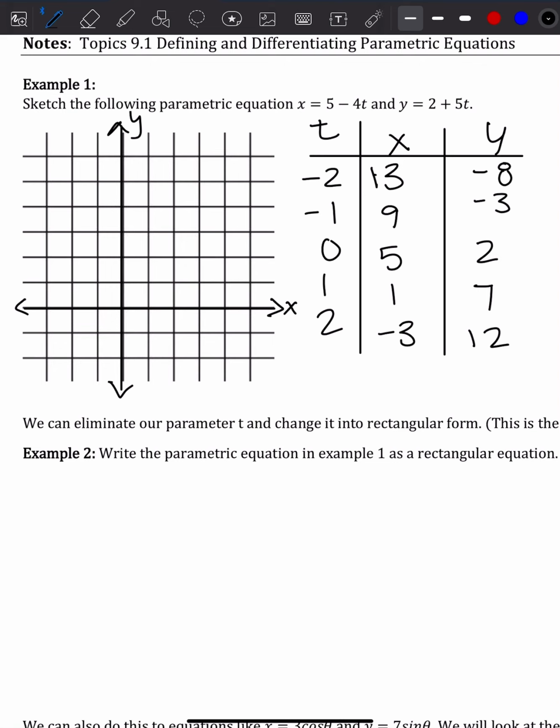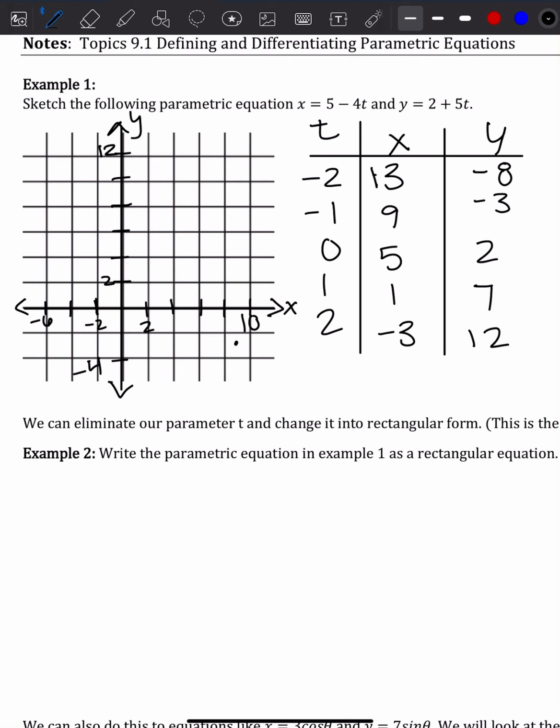And then I'm also going to go by 2s. So I have 2, 4, 6, 8, 10, -2, -4, -6. And we're going to do 2s on the y-axis as well. 2, 4, 6, 8, 10, 12, -4.